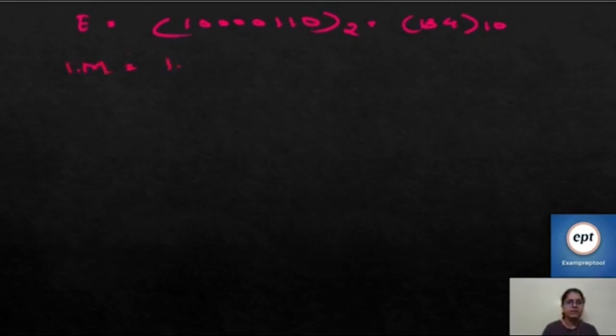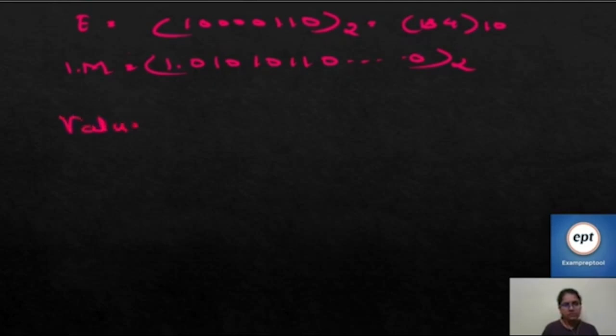Now let's see 1.m, the mantissa. So 1 point will be there and the rest of the mantissa we will write as it is. What is the mantissa? It is starting from 0, 1, 0, 1, 0, 1, 1, 0 and the rest all zeros. Now the formula part.